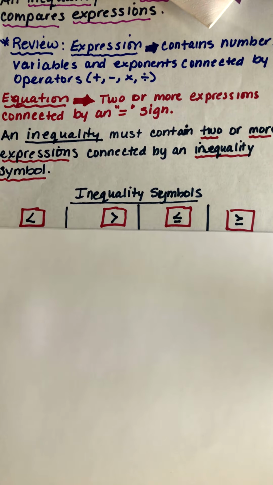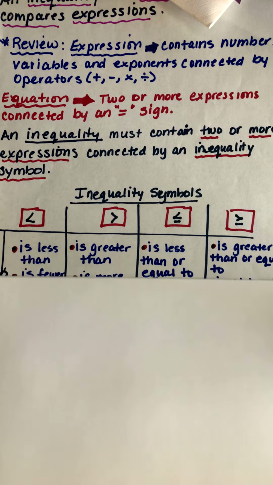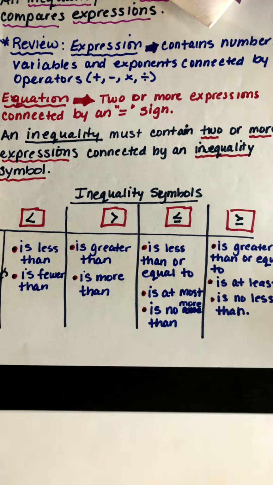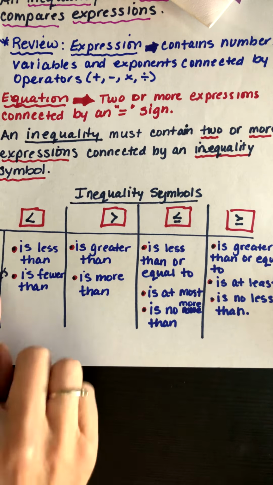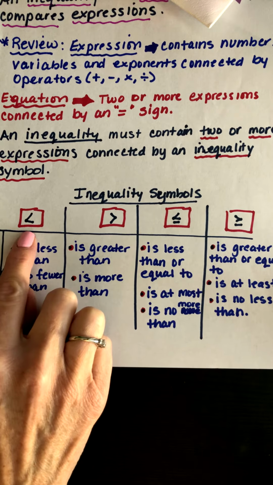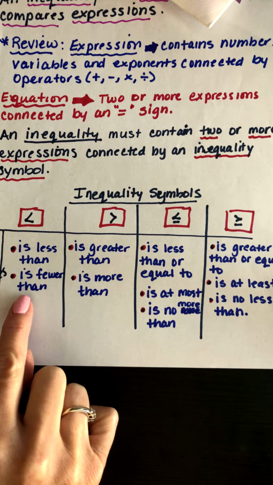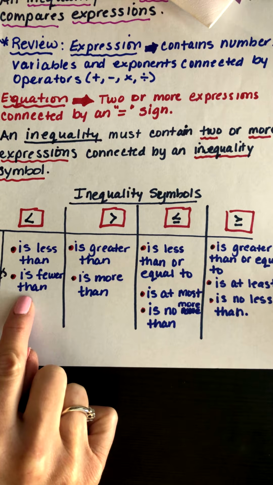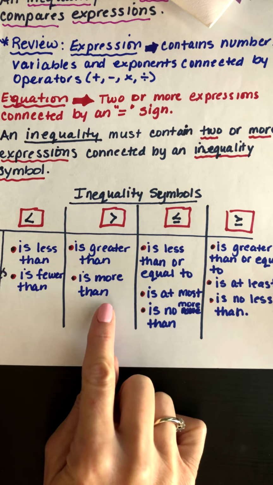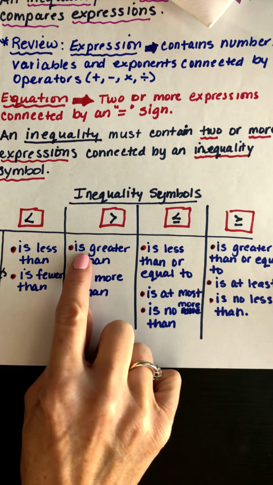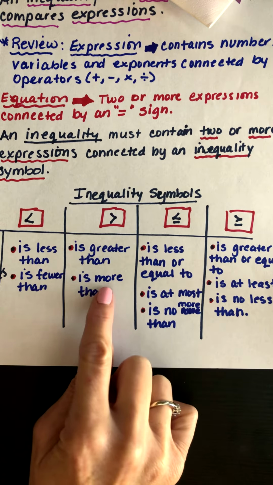I wanted to give you some key phrases to help you with that. Key phrases for the less than symbol: you would see the words is less than, is fewer than. The greater than symbol: is greater than, is more than.